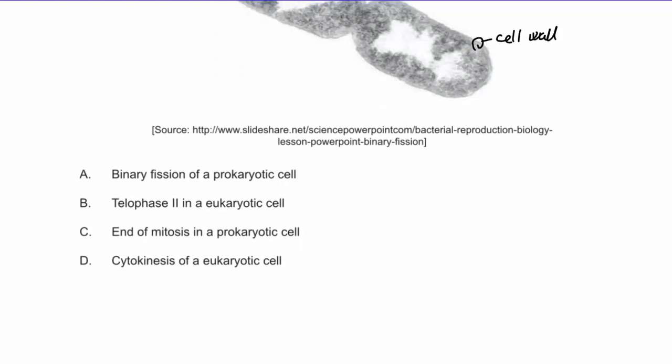So the correct alternative here is binary fission, because these other alternatives refer to a eukaryote, and C refers to a process, mitosis, which involves a nucleus, and that's only in eukaryotes. So mitosis is a eukaryotic process, so that's also wrong.